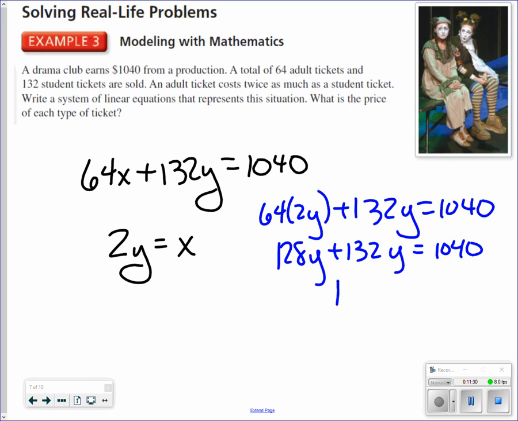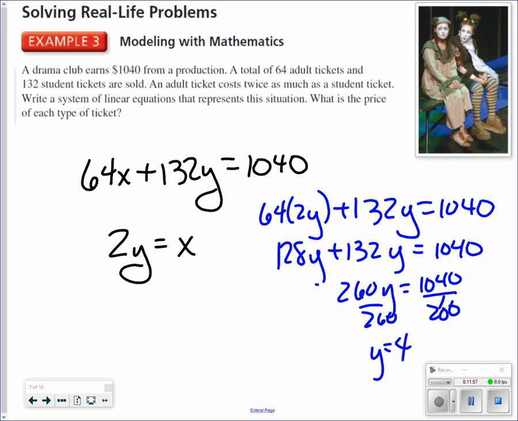So I add those together, I get 260. So 128 plus 132 is 260. And divide by 260. So pull out a calculator if you need to. So 1040 divided by 260 would be 4.